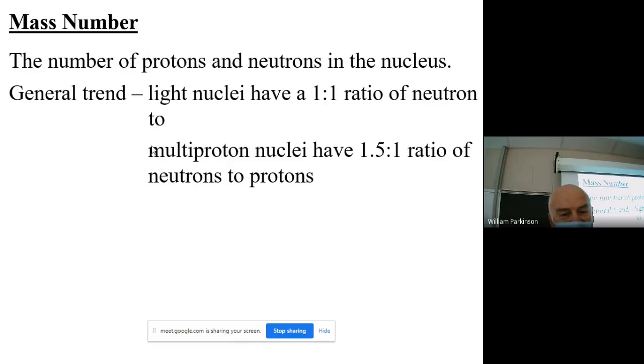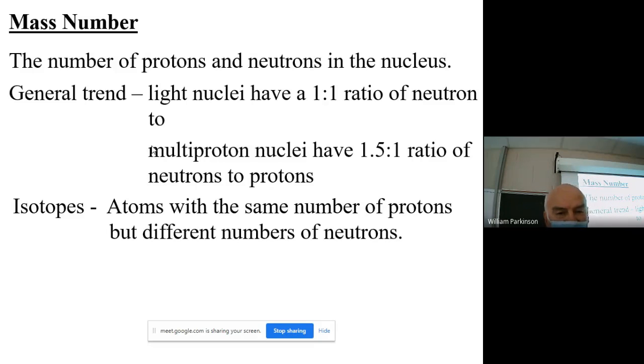Now, when you get to the heavier ones, some have a 1.5 ratio. Like down by lead, lead has 84 protons, and it has roughly 84 plus 22 or 106 neutrons, 1.5 as many neutrons as it has protons, because it's starting to get difficult to hold all that positive charge together.